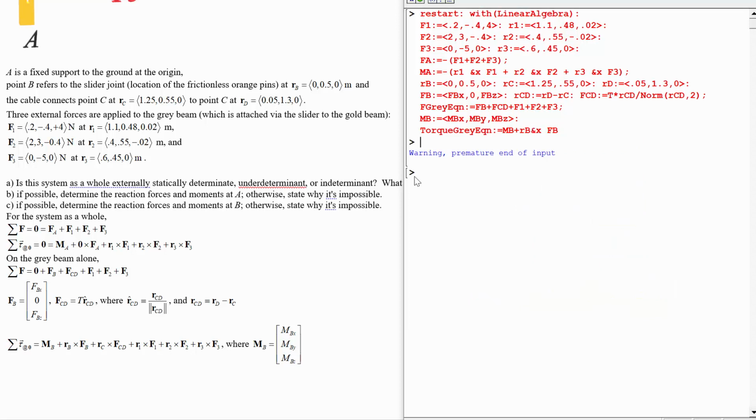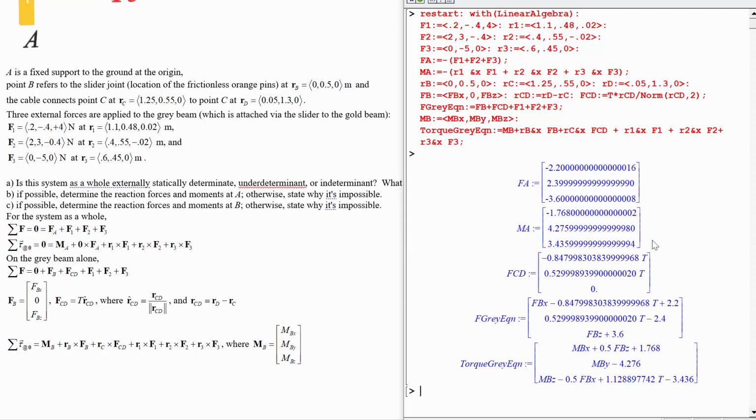So this should work. It's the wrong equation, but I'm pretty sure that you can avoid the space there and leave 1 there. Right. Okay. RC cross FCD, R1 cross F1, R2 cross F2, and R3 cross F3.